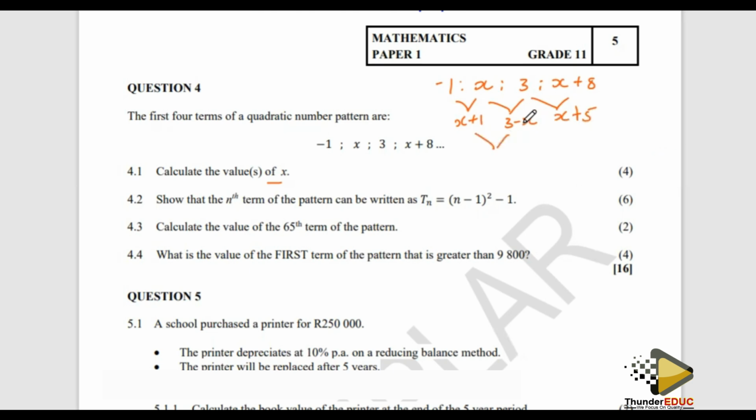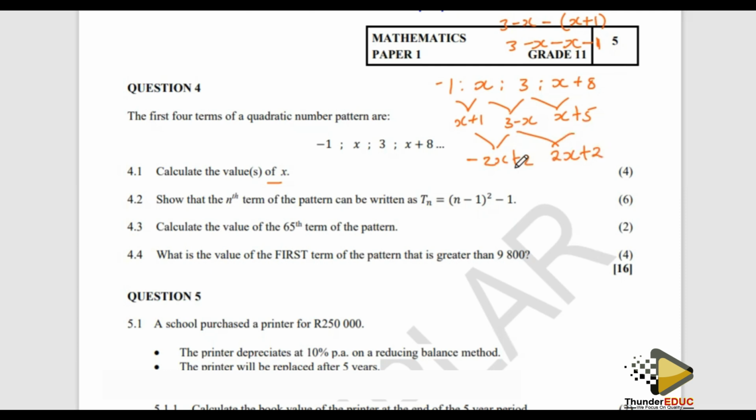Then when I subtract this, so it's like 3 minus x, I'm subtracting x plus a 1. So that's 3 minus x minus 1, which is minus 2x plus a 2. When I get the difference there, it's like x minus x, that is a 2x. 5 minus 3 is a plus 2.